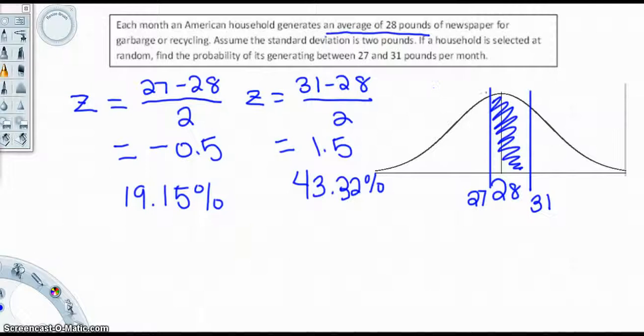Now with these two, we know we have to add them because one is on the left side of the mean and one is on the right side of the mean. So when we add these together, we get 62.47%, which is the total shaded area.